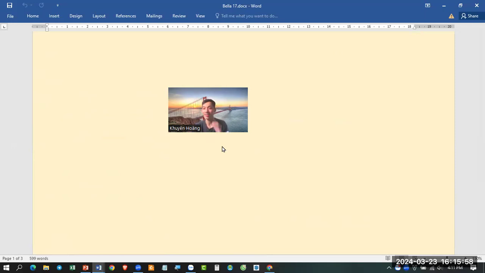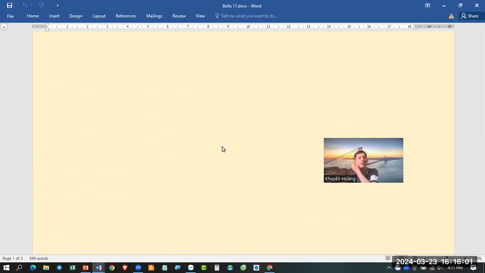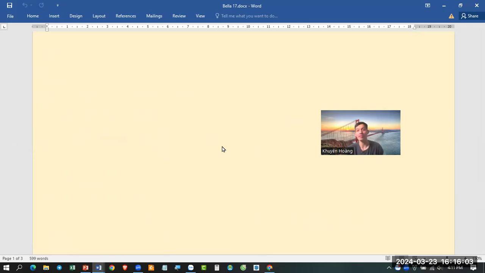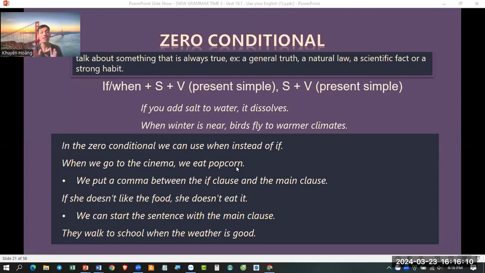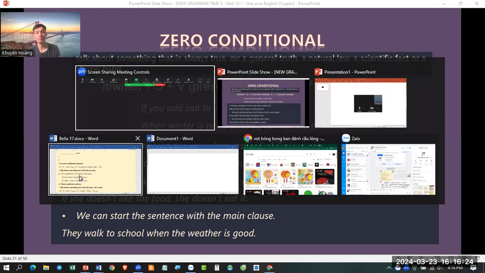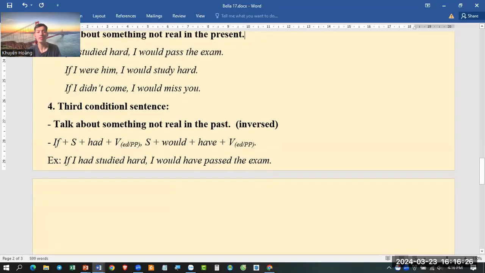Okay, that's the scientific fact. Or a strong habit. Strong habit. Yeah, okay. What is that? Habit is the act of something you do every day.